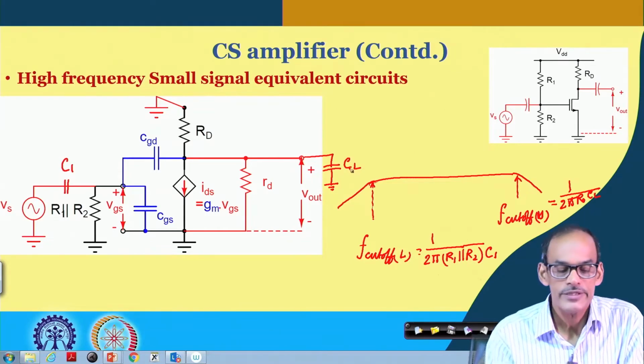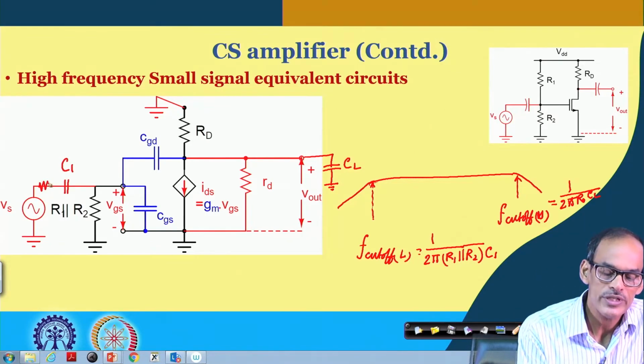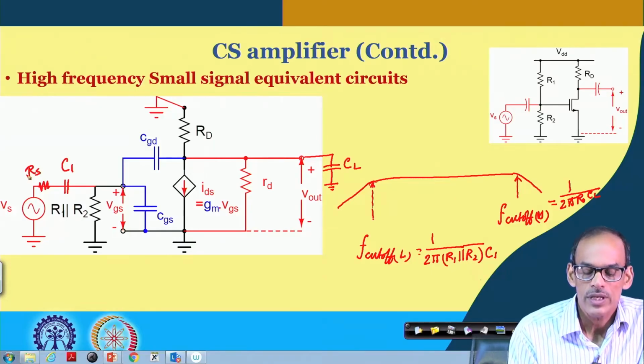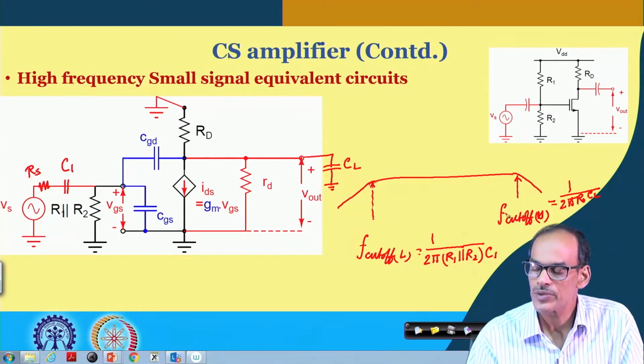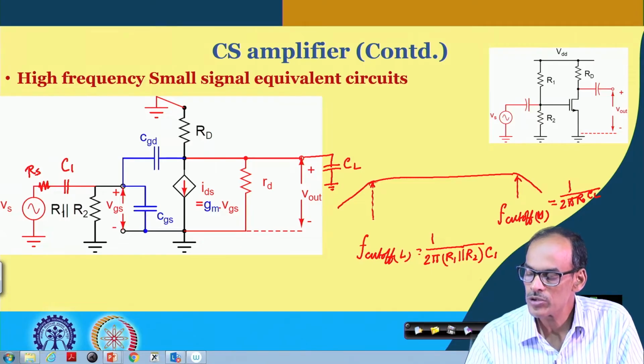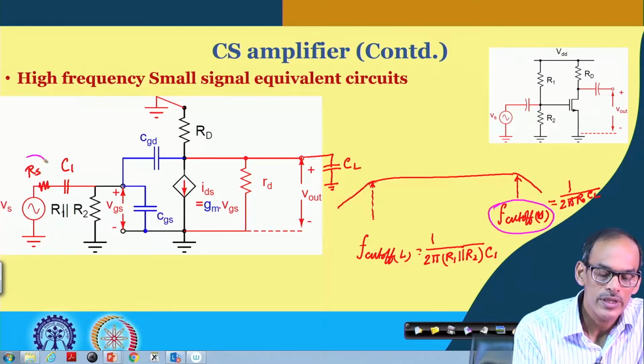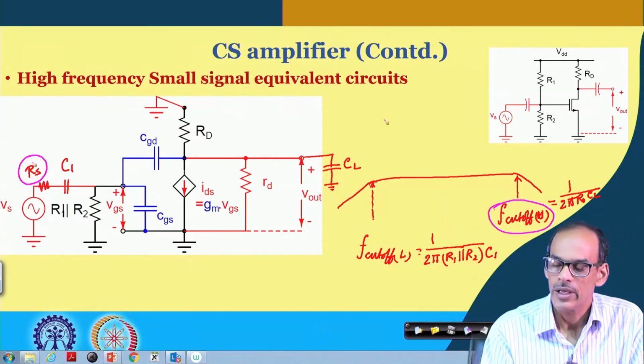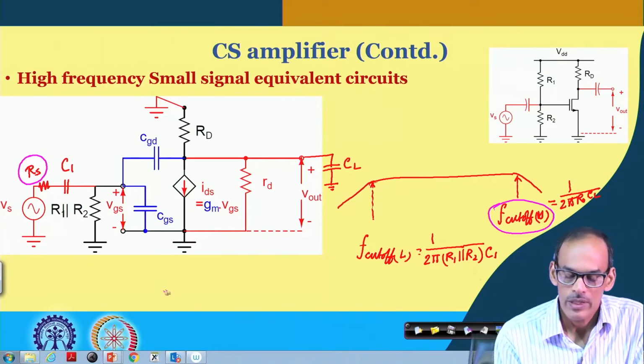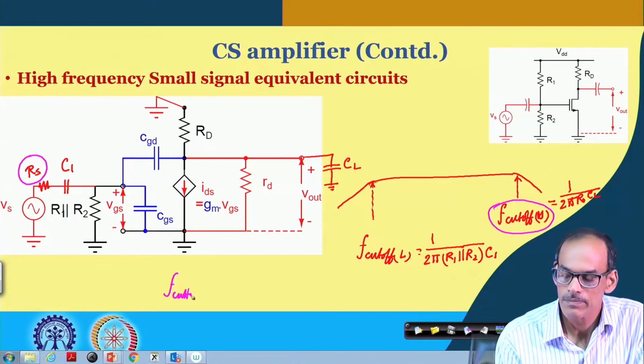And in case we have the signal source having a source resistance, say R S, then at high frequency the upper cutoff frequency may have one more possible candidate to define it.